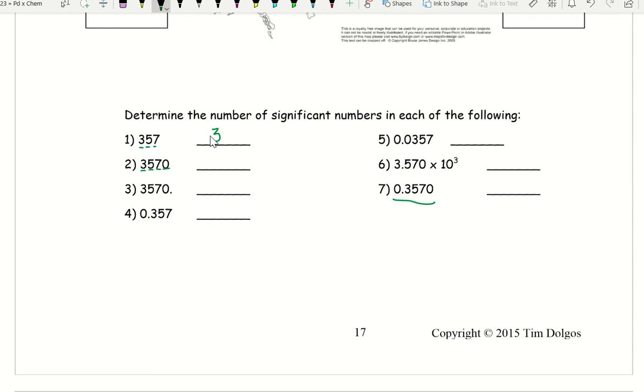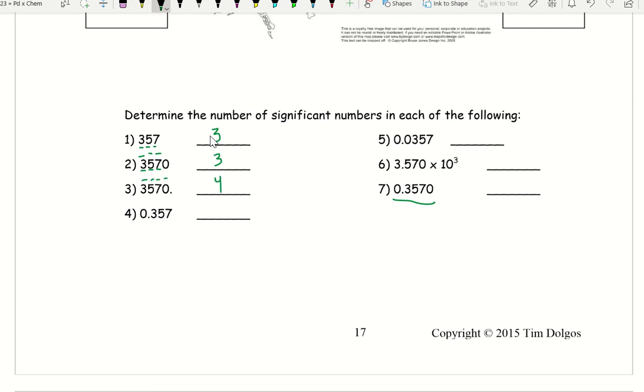There are 3 significant digits in that number, because the only ones that matter are those first 3. If there's no decimal point, there's no saying that that is an actual measurement. It's exactly 0. If we mean that it's 3,570 and not 3,571, then we must put a decimal point there, which makes it 1, 2, 3, 4 significant digits.